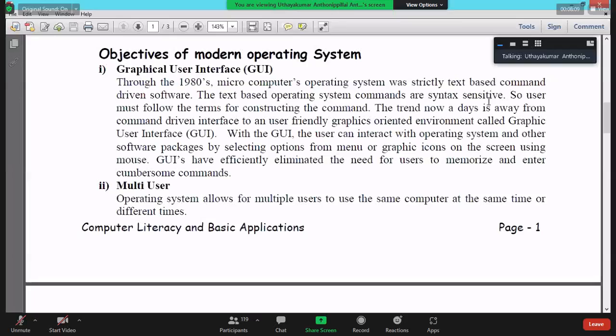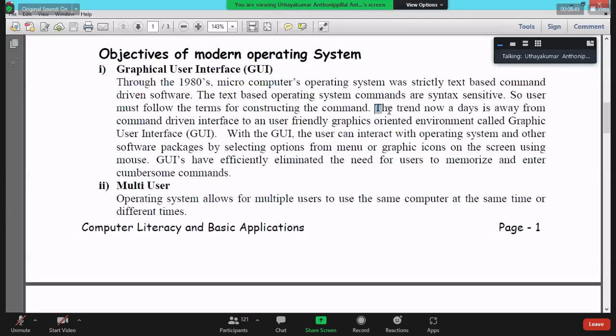Anyone working on that type of operating system needs very fast typing, because if you want to move, copy, drag, drop, you have to write the words. Then only the system will work. The user must follow the rules for constructing the command, and only if he knows the commands very well can he use the system.